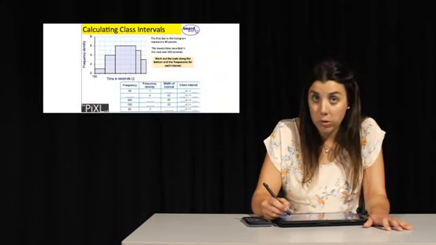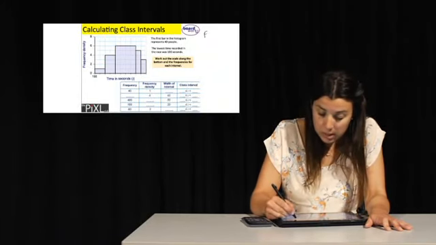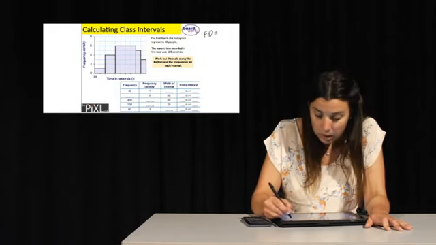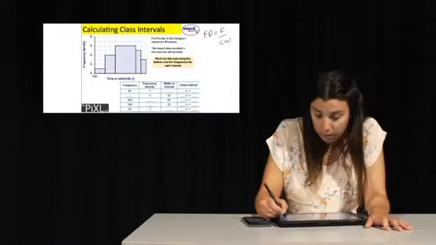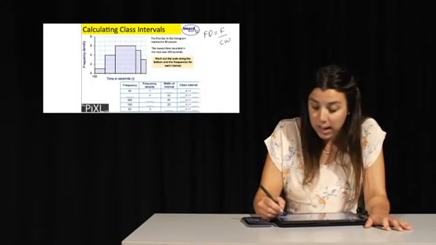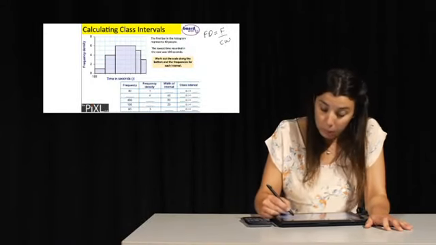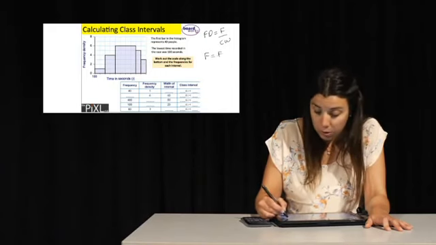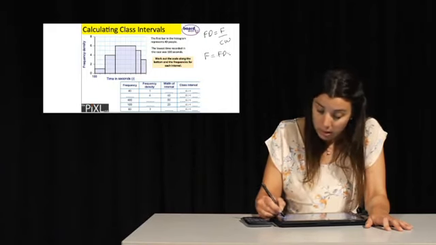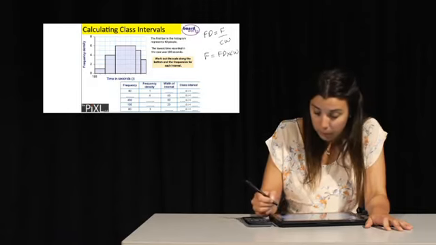So we have our formula that we first used, which was frequency density is equal to frequency divided by class width. We then rearrange that to give us the value for frequency. So frequency is found by multiplying the frequency density with the class width.